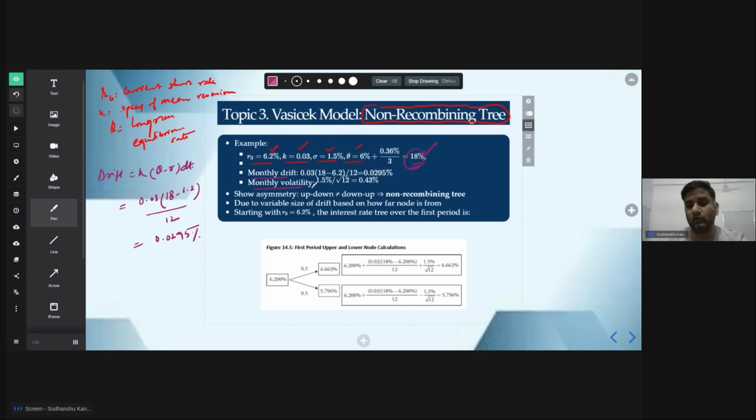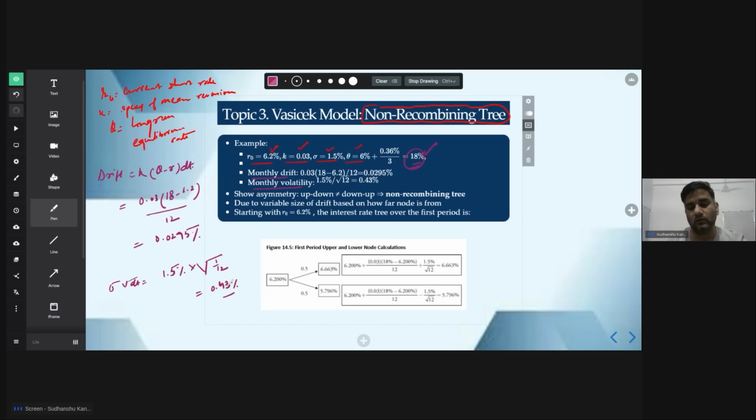All right, and look at monthly volatility. Monthly volatility is sigma times the square root of dt, which is 1.5% times the root of 1 by 12, which is 0.43%.